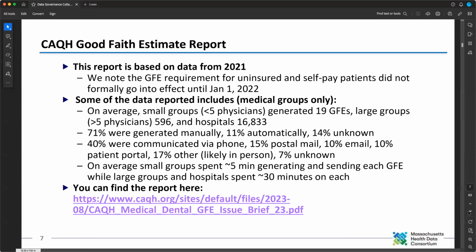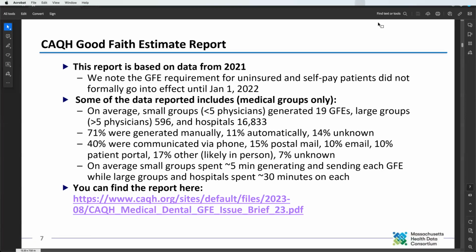So this was interesting. CAQH came out with what they call an insight report on good faith estimates. But what's particularly interesting is that the report is based on data from 2021, but the GFE requirement for uninsured and self-pay patients did not formally go into effect until January 1st, 2022.